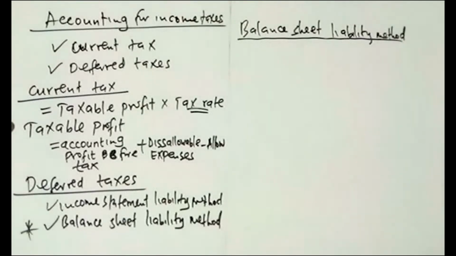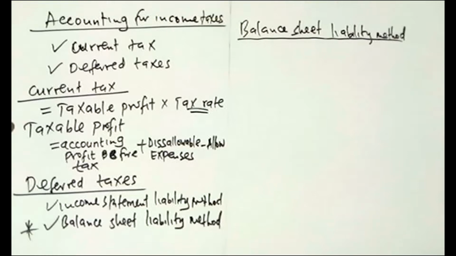Why is it recommended, unlike the income statement liability method? The balance sheet has items which show the financial position of an entity, items which don't fluctuate from time to time.